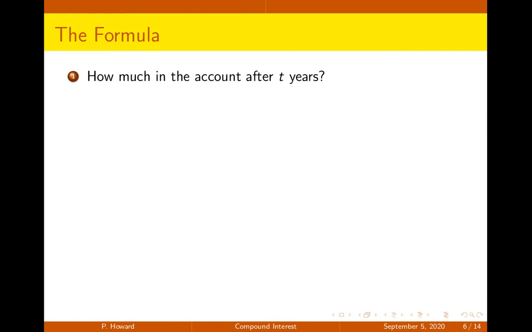How much will be in the account after t years? Now we're looking for a more general formula. Well, we want to increase 500 by 2% the number of months in t years. You get the number of months in t years by multiplying 12 by t.